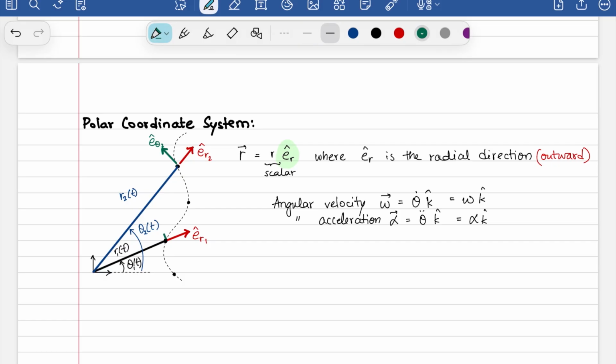And in the other position, over here, you have e_theta hat 1. That is called the transverse direction. So e_theta hat is the transverse direction unit vector. It is perpendicular to e_r hat and is in the direction of increasing theta.